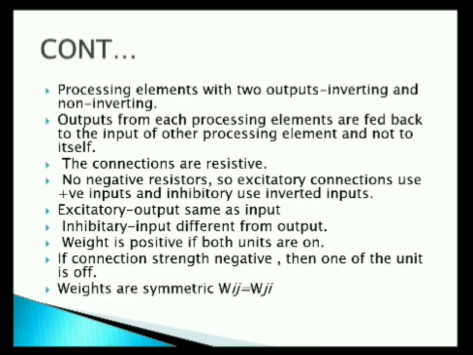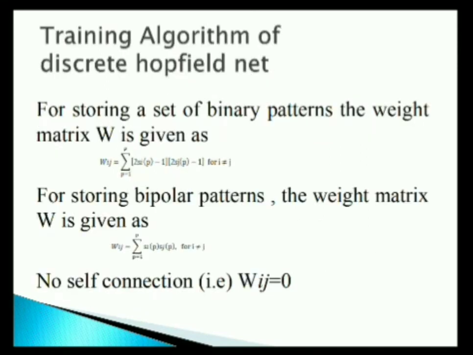There are no negative resistors, so excitatory connections use positive inputs and inhibitory connections use inverted inputs. Excitatory means the output is the same as the input. Inhibitory means the input is different from the output. Weight is positive if both units are on. If the connection strength is negative, then one of the units is off. Weights are symmetric, that is Wij is equal to Wji.